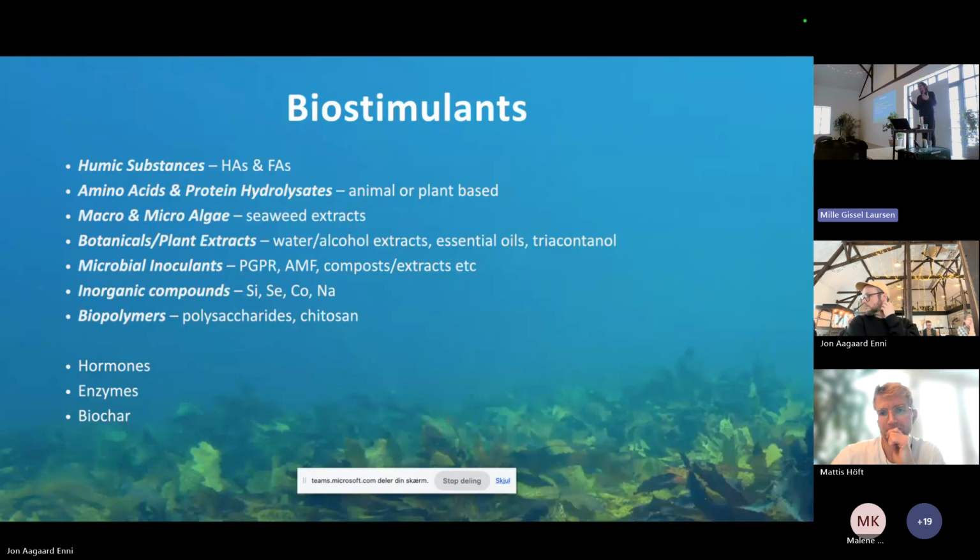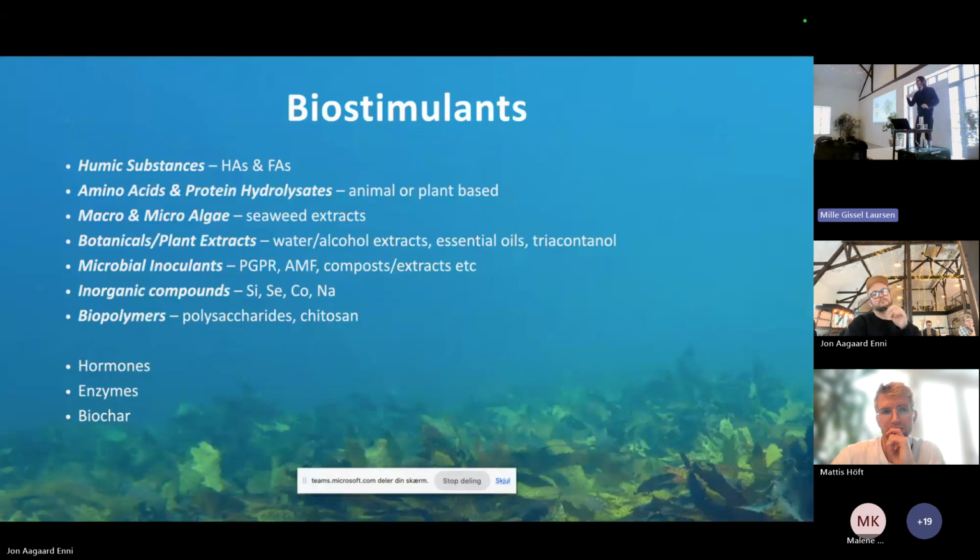You've got a range of botanical or plant extracts, and there are many different things you could use, various leaf extracts, the old nettle tea, for example, comfrey teas, weed teas. You've got essential oils, plant-based compounds, and there are many thousands of them, which can also be used. You've got microbial inoculants, inorganic compounds, etc. There's a whole range of them.